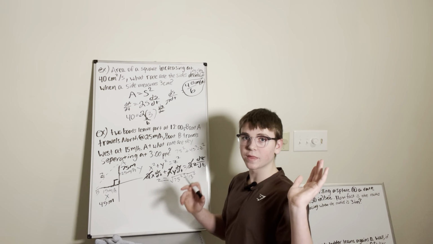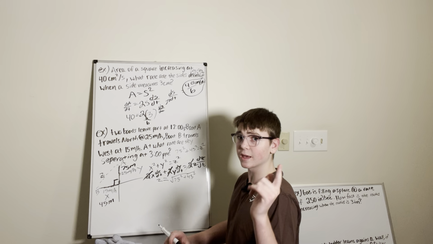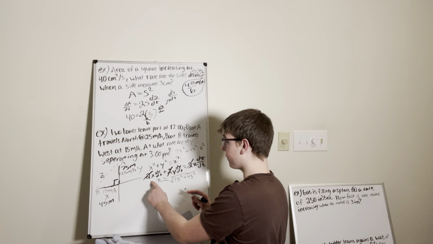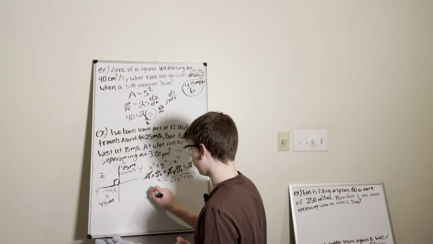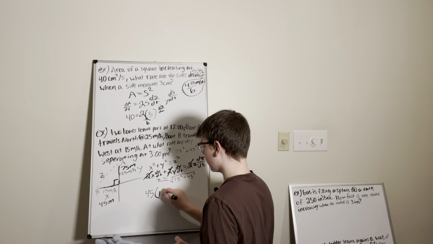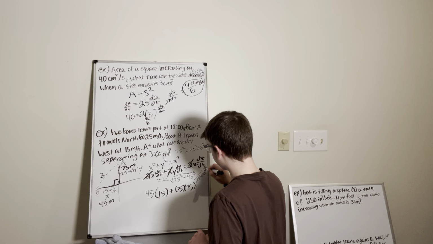Now we have everything we need, and I'm not going to simplify anything just because I don't have a calculator and I can't do it in my head. So first, x is 45, dx over dt is 15, plus y is 75, and dy over dt is 25 miles an hour, equals the root of 75 squared plus 45 squared times dz over dt.